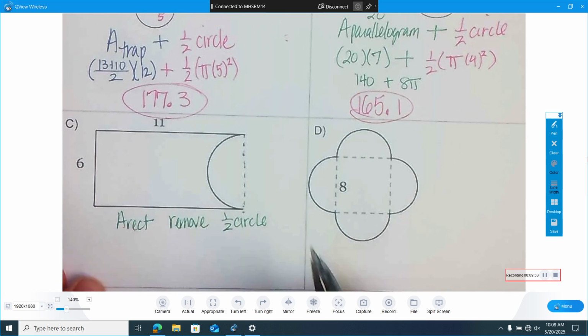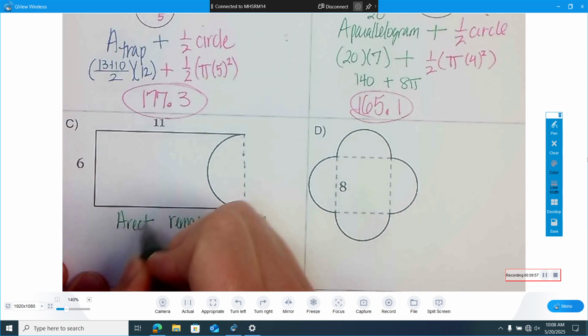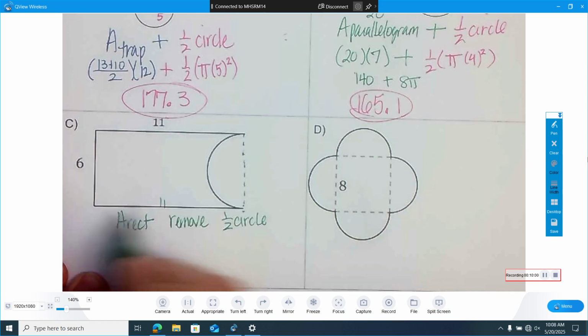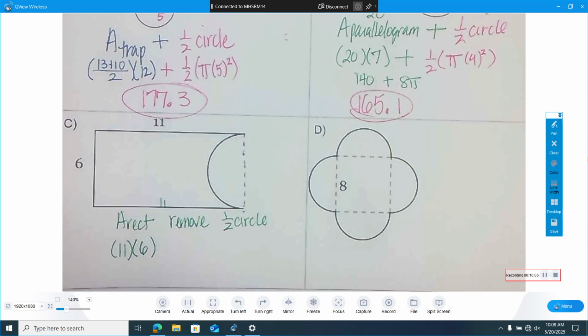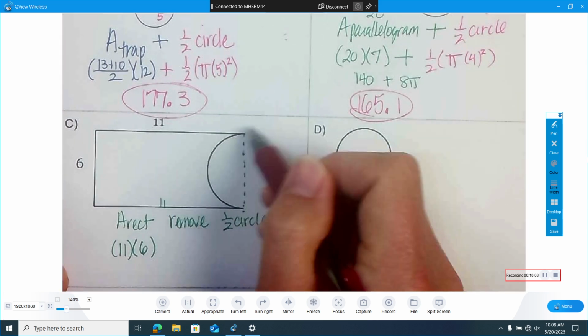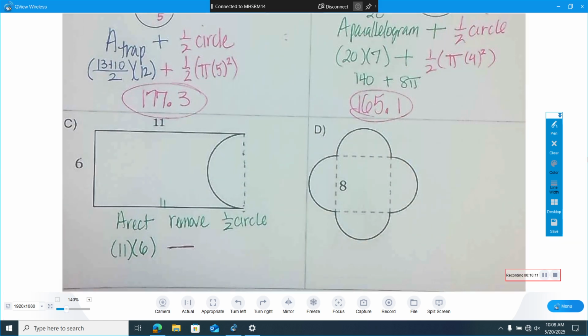So the area of a rectangle is base times height. So what's our base? 11. Again, that 11 transfers top and bottom. So the base is 11, and the height is 6. Now we're removing this circle, so we have to subtract that.